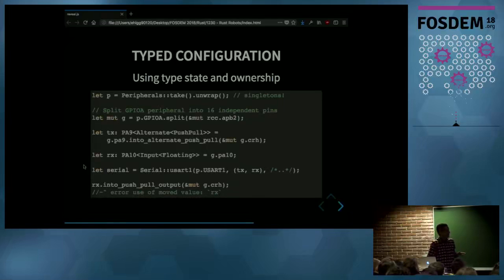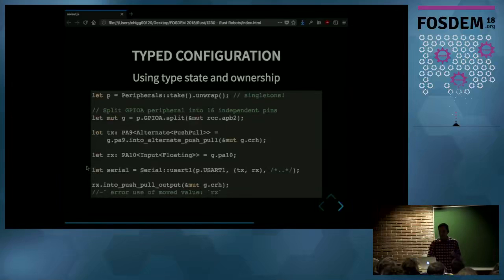Now, this constructor is written in such a way that if you haven't configured your pin correctly in the right mode, then this won't compile, because it has to have a specific type to be passed here. And that means that you cannot do the configuration incorrectly, because then your program won't compile.